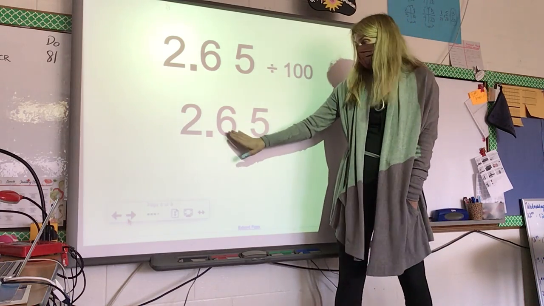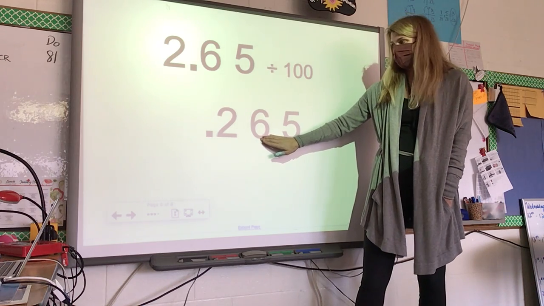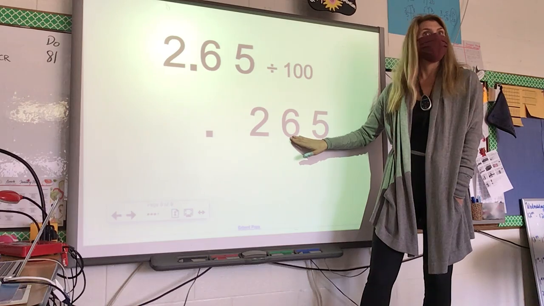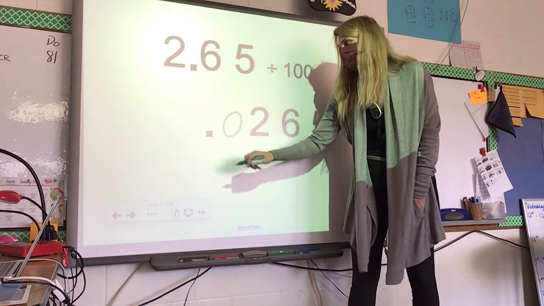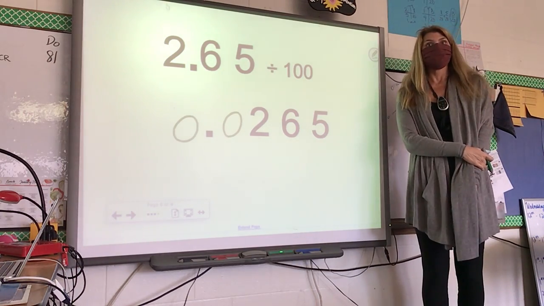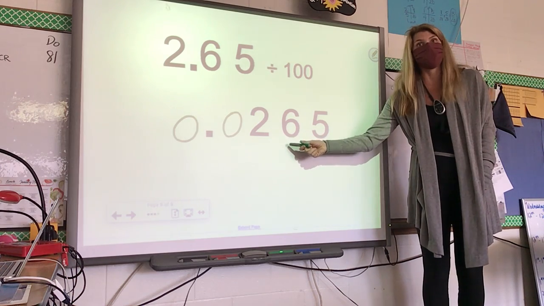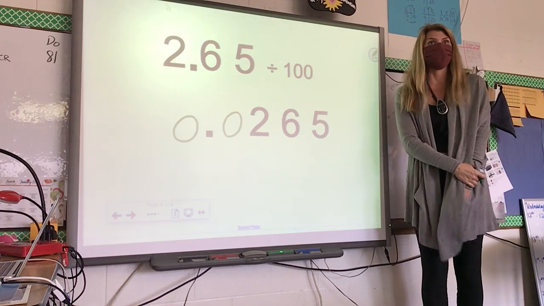You ready? 1. 2. Now what do I need to do? I need to put that 0 in there to show that place value. There it is. So now I would round this and say each person would get 26 cents. There'd be a little bit left over, but that's okay. That happens sometimes.